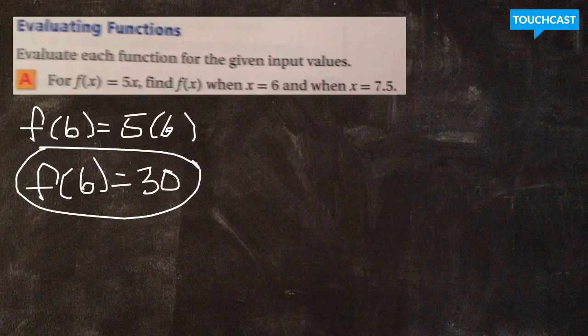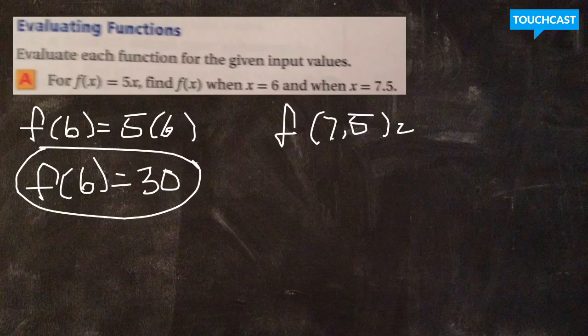Now let's find f of x when x is equal to 7.5. So we have f of 7.5 is equal to 5 times 7.5.